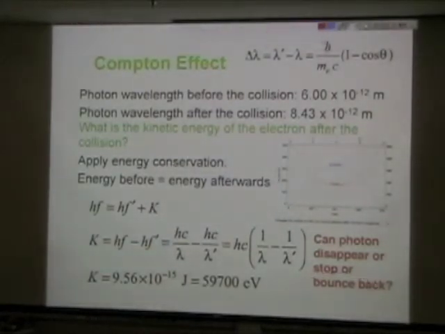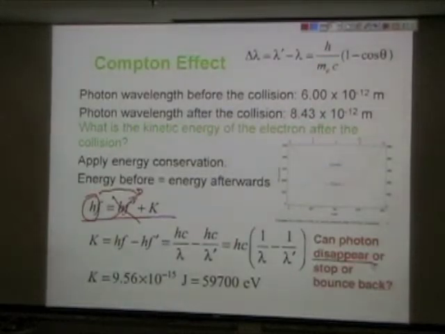Now my question to you is, well, that's the law of conservation of energy. Would it be possible that after the collision, the photon gives away its energy completely? So the initial energy is getting completely transferred into kinetic energy of the electron. Is it possible or not?